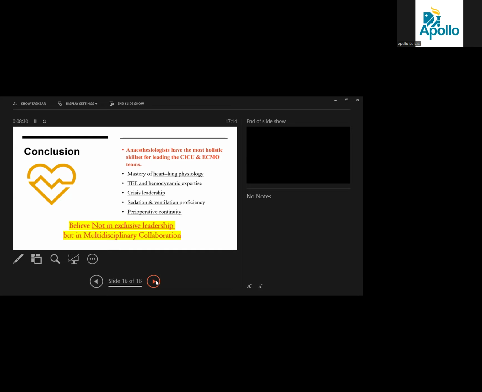And I had the great opportunity to see Arpan sir and Dipanjan sir in our arena. They are always pushing us and pushing the limits of what we can do as cardiac anesthesiologists. Thank you.